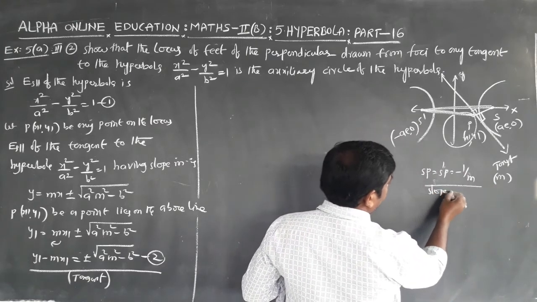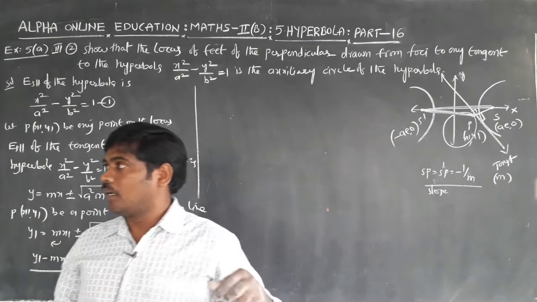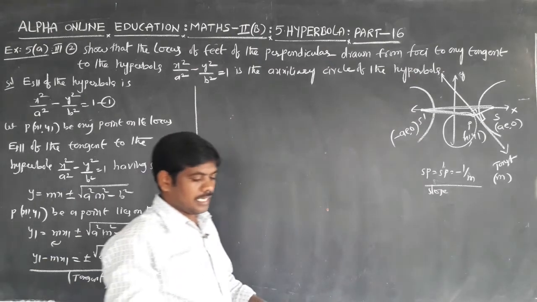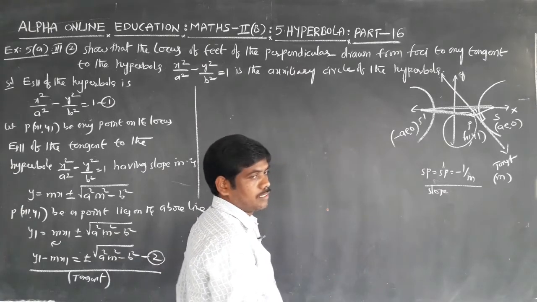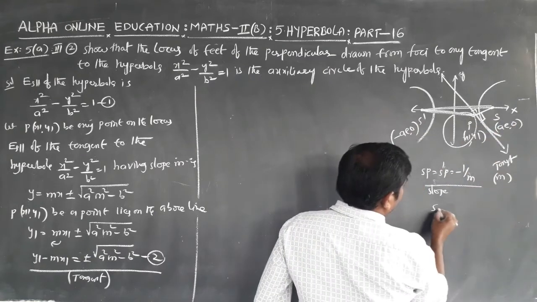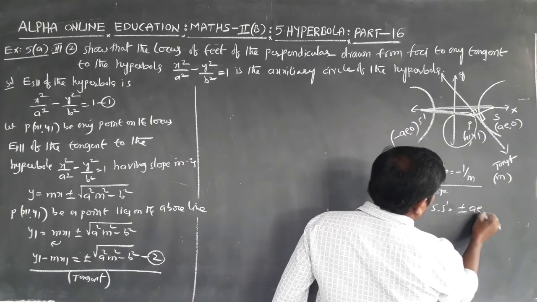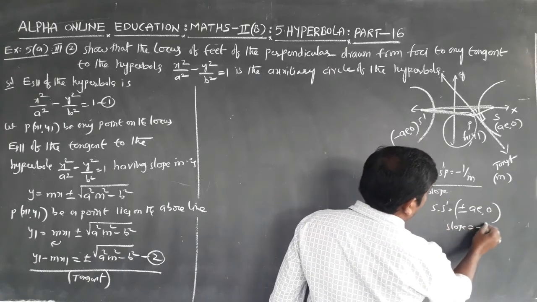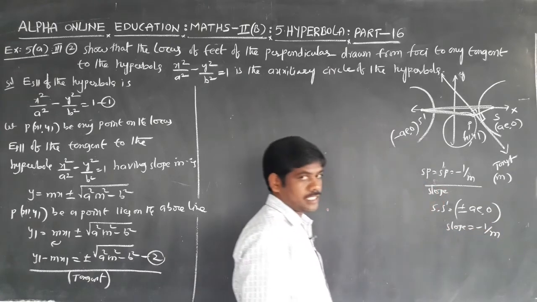Here the two lines are passing through the points S, S dash, which are plus or minus ae comma 0, having slope minus 1 by m.